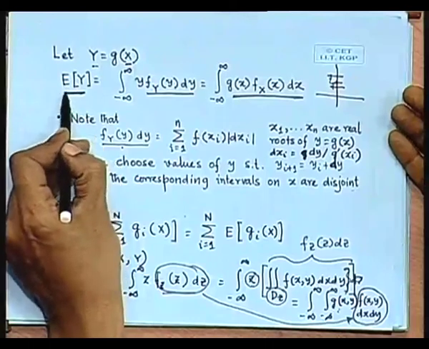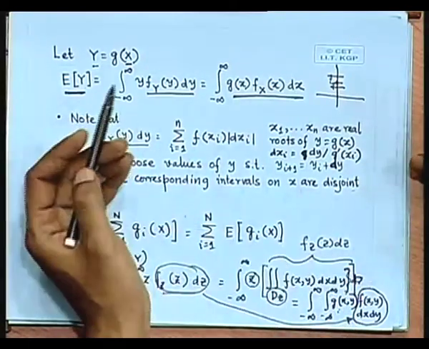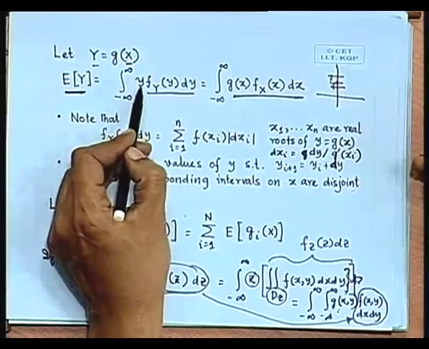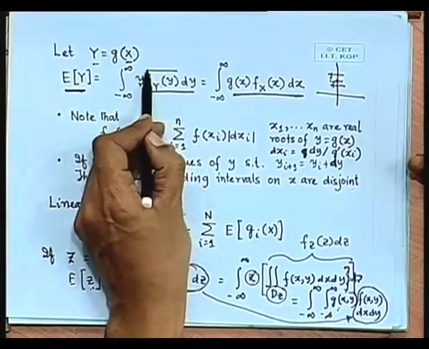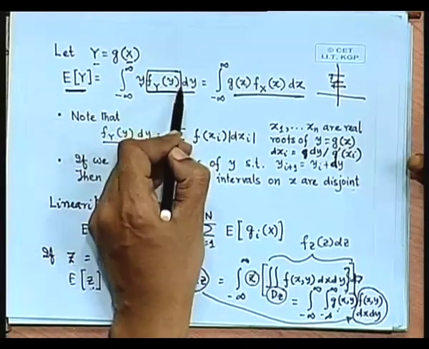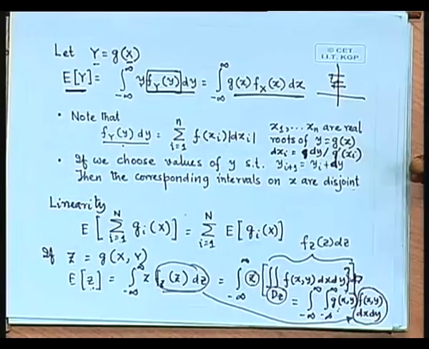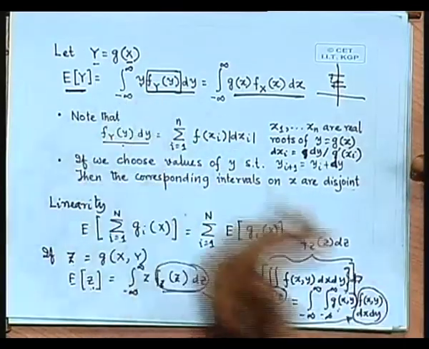So if we want to find the expectation of y, it will be the integral from minus infinity to plus infinity of y times the density function of y, dy. This is the old expected value definition applied to y.